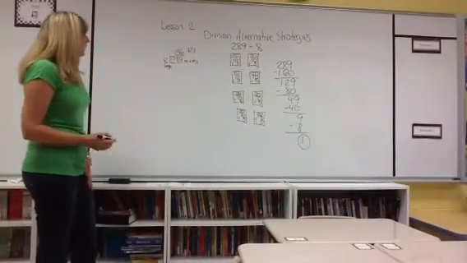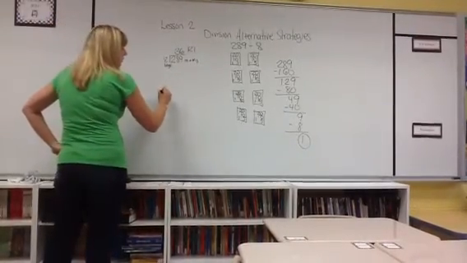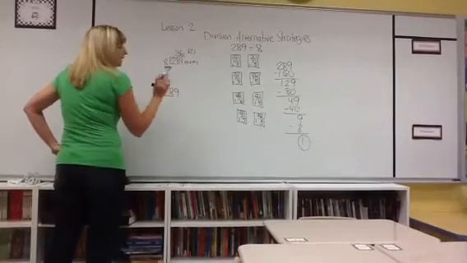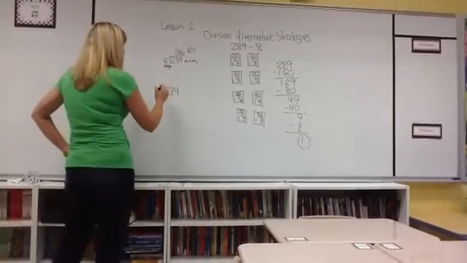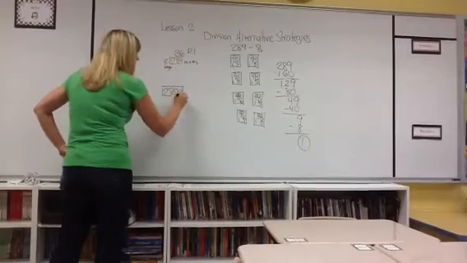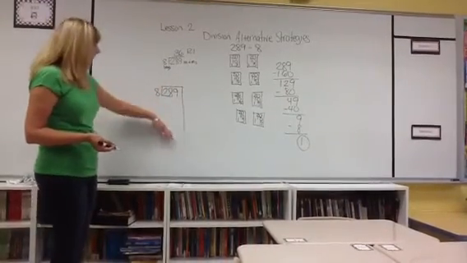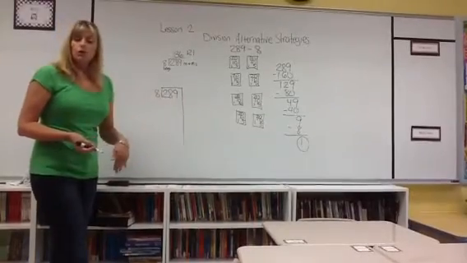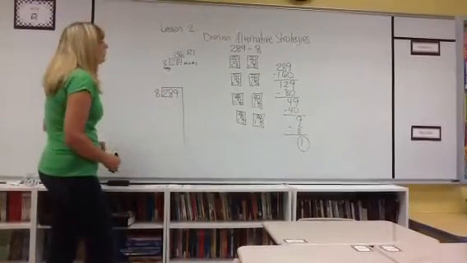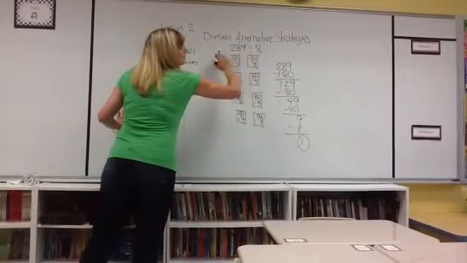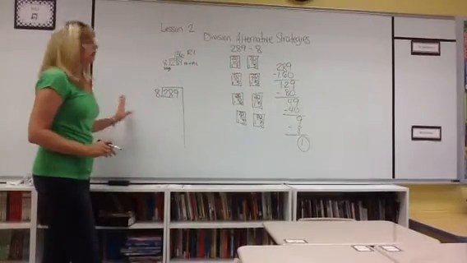Okay, so let's look at a partial quotients method. It's very similar to drawing the picture with the goodie bags, except you record it in a standard algorithm like this with the division symbol. I call this the doghouse division symbol versus the horizontal written division problem.